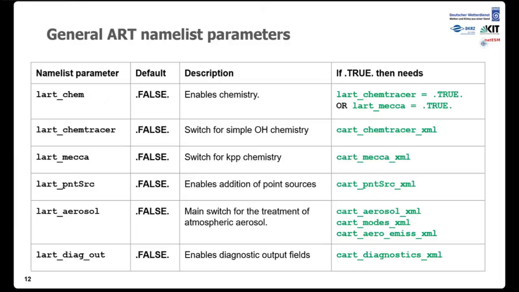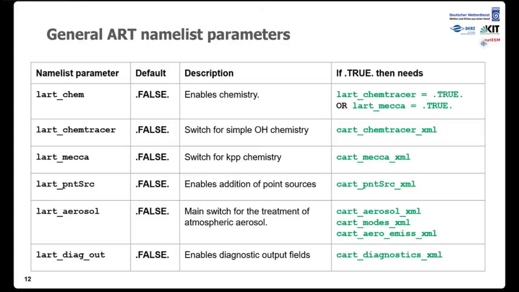What you see in the last column, we have the chem tracer, for instance, here, one example, or mecha tracer. You will learn more about it in a minute, in the part that Stefan will present on the chemistry. And for each of these options, if you put the chem tracer or mecha, then you have to provide certain XML files or metadata so that the model knows what it should do.